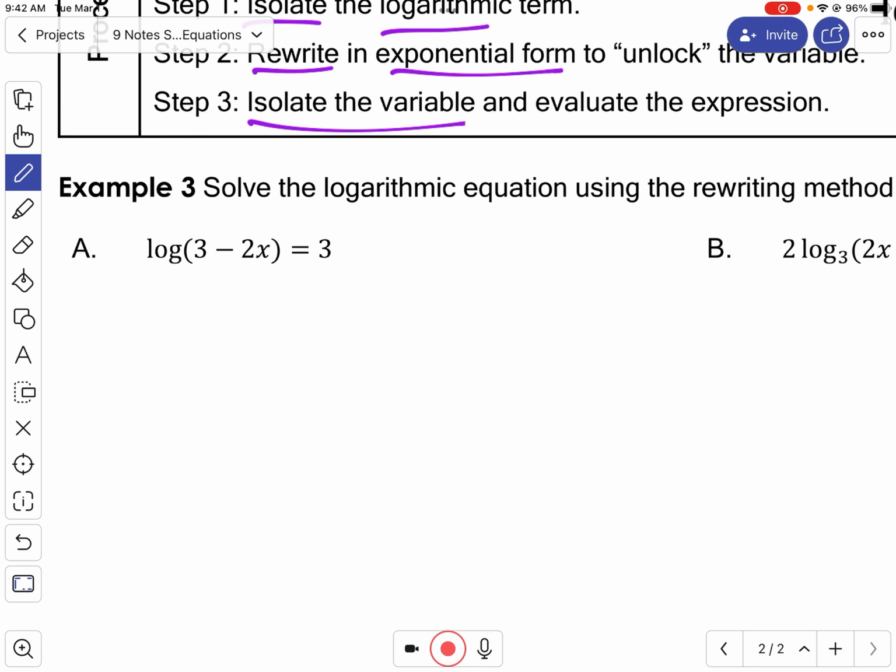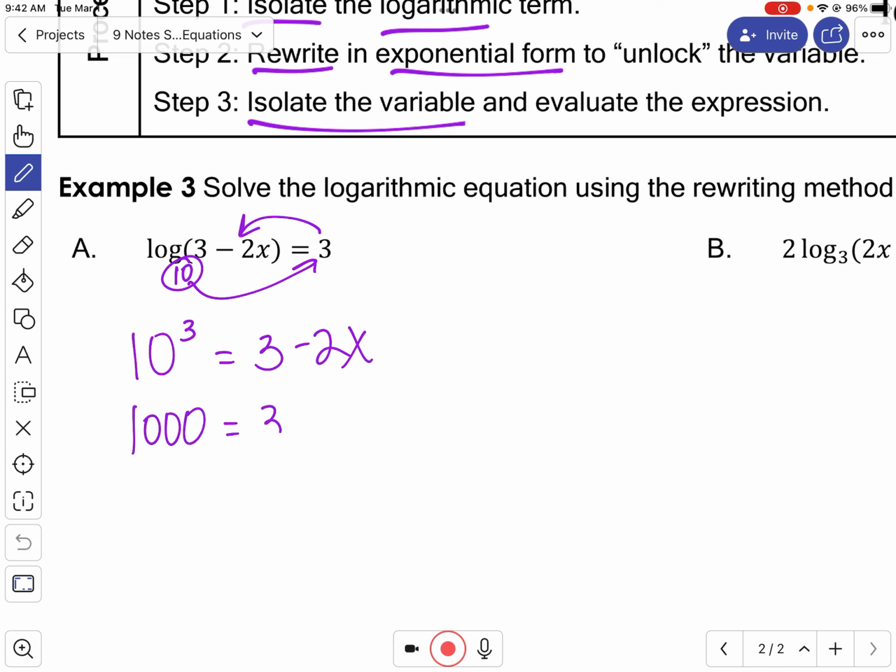Okay, so first step is to isolate my log. Notice it's already isolated, so then I want to rewrite it in exponential form. You always begin with the base, and my base is 10 raised to this power, so the third power equals this. That's going to give you 1,000 equals 3 minus 2x. And then I forgot the x.